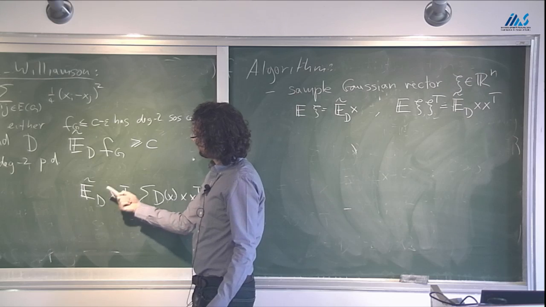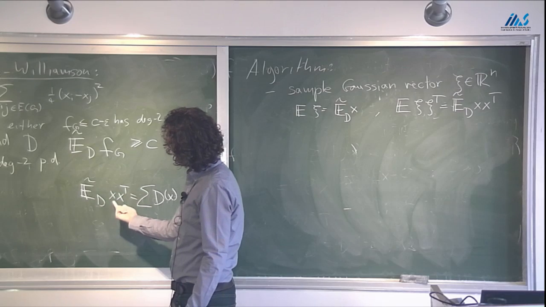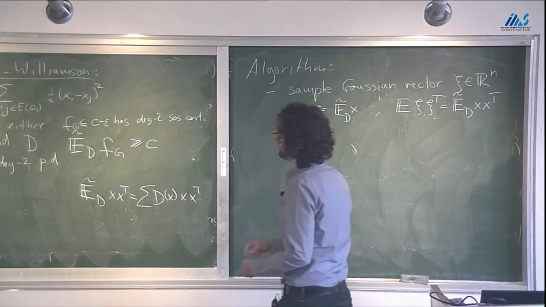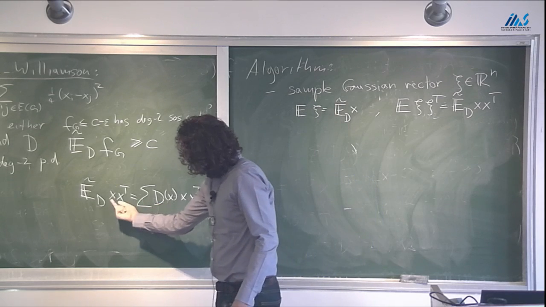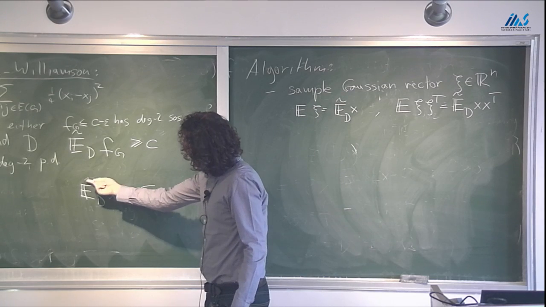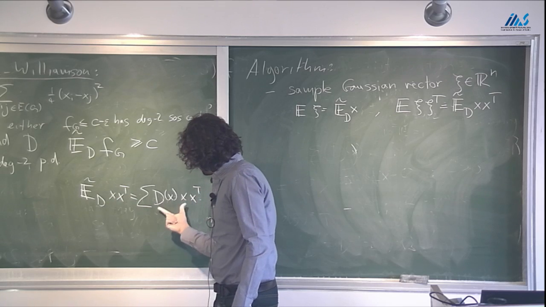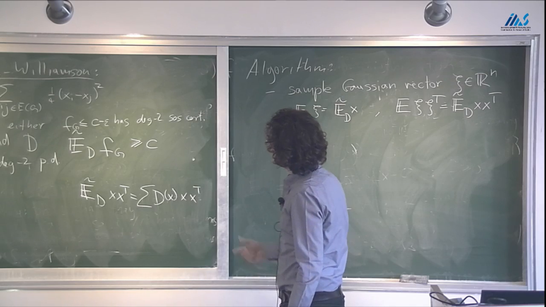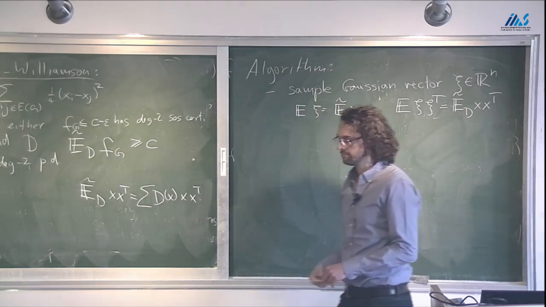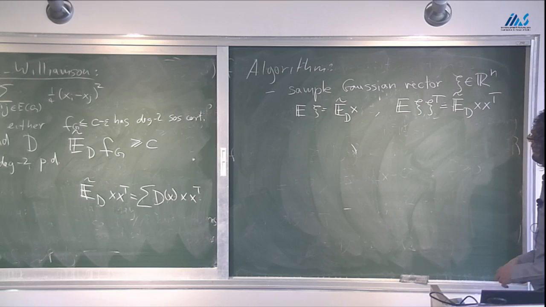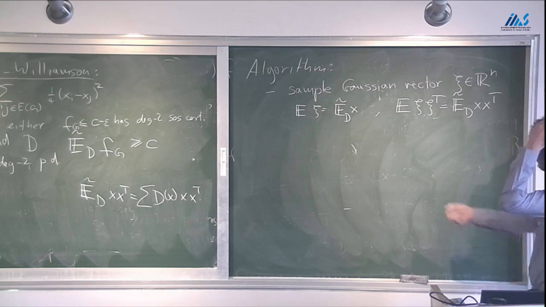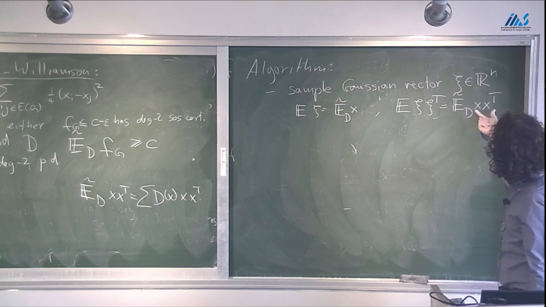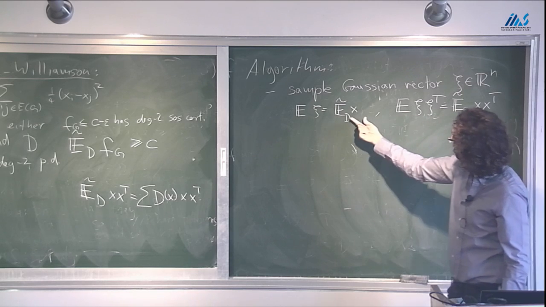You sample a point x from the hypercube and look at the expectation of the matrix x x transpose. With the tilde it's the same. Here you average over matrices, and here you average over vectors.